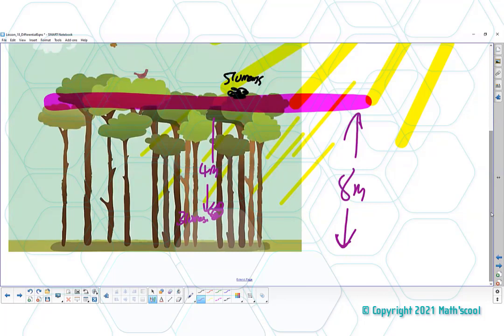Let's draw that in a nice jewel orchid kind of color. There's the jewel orchid, and it needs 2.2 lumens of light. Okay.